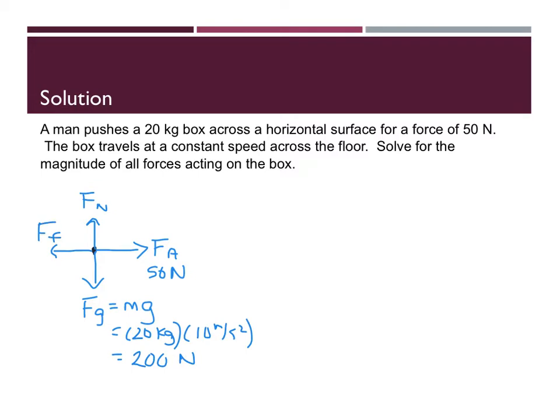So I'm going to draw my vector so that it's equal to the applied force and label it as force of friction. Now, like I was saying, we have to look at the x and y directions, or the horizontal and vertical directions, separately. So what I'm going to do is list what are the forces acting in each direction by creating a table. So I'm going to have the force if it's in the x direction or if it's in the y direction. This just helps keep me organized as to which forces are acting in which direction.